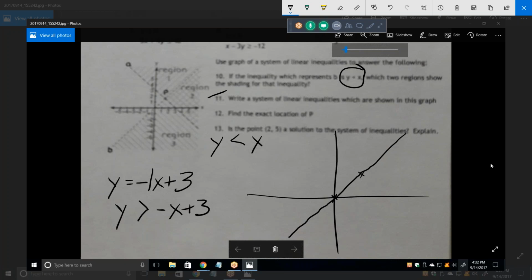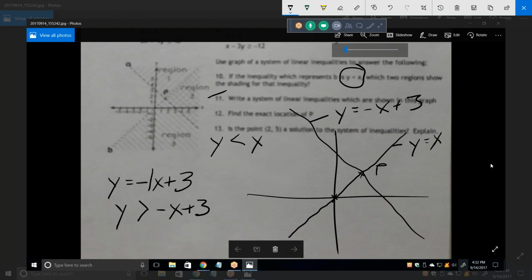In other words, here's what I'm looking at if I'm looking at equations. This equation is y equals minus x plus 3. This equation is y equal x. Solve that system of equations and you will have the coordinates of point P. Okay. How do you solve that system of equations?